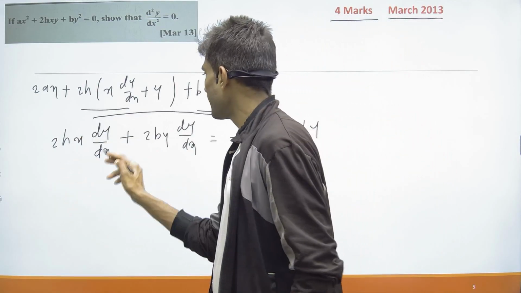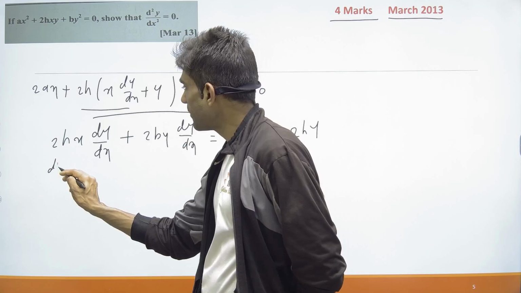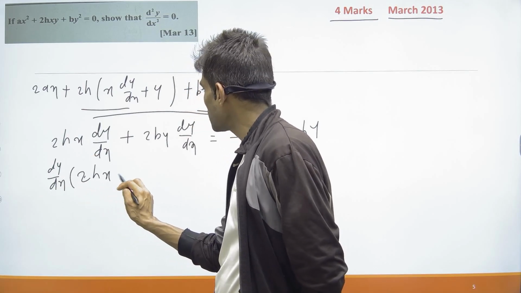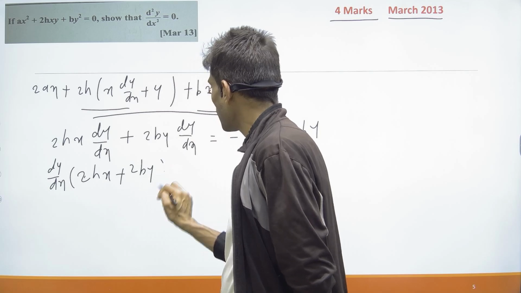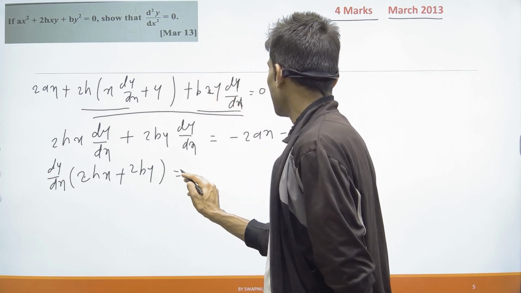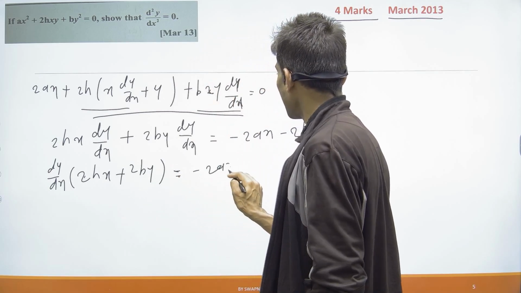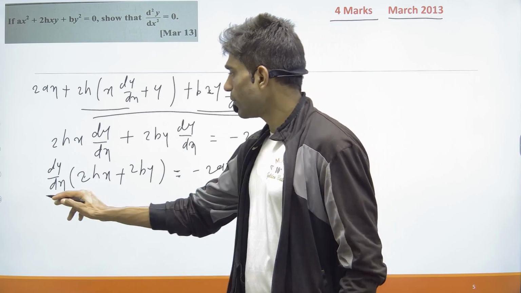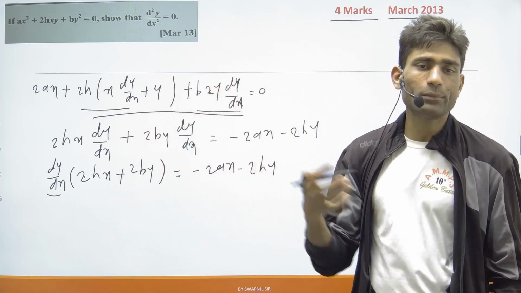Take dy by dx out from both terms. So 2 times hx plus 2 times by, which is equal to negative of 2 times ax, negative of 2 times hy. We want the value for dy by dx, so the leftover term we take to the other side.